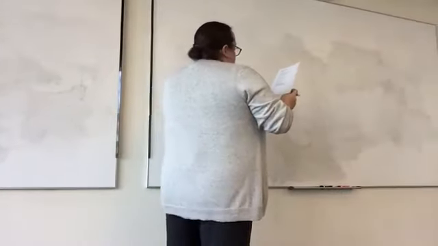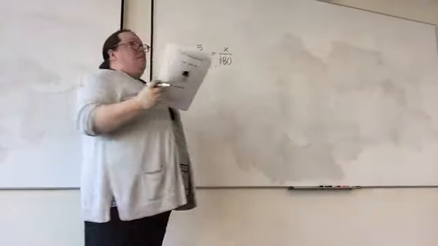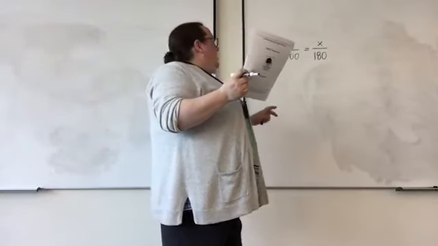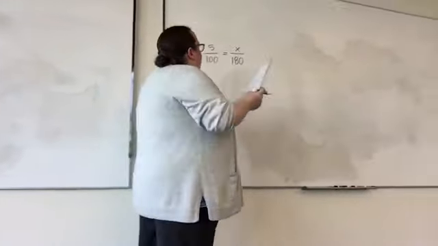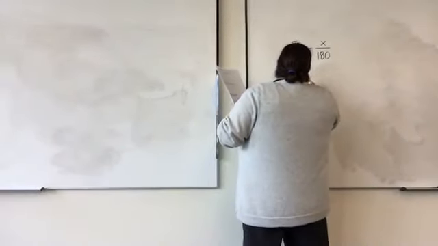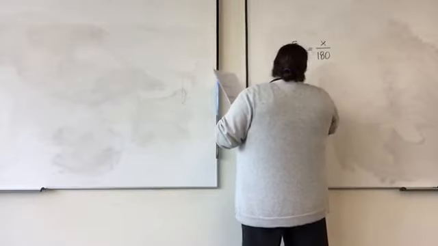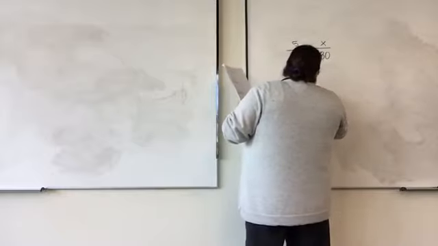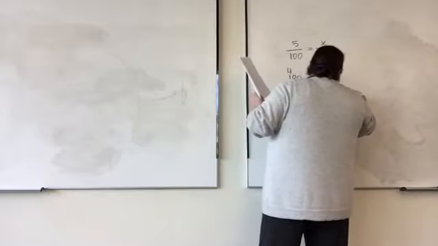Now, here's one way that you can solve this problem. If you're thinking about cross multiplying, that's one approach. So 180 times 5. So 900 equals 100x.